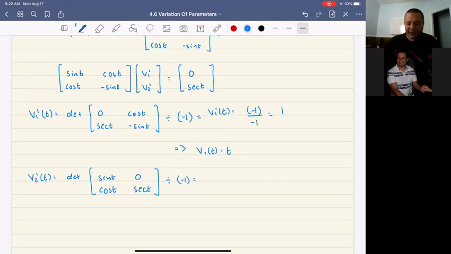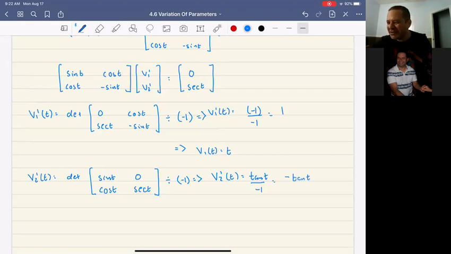So what are we going to get? v2 prime of t equals, now here, sine of t times secant of t. Secant of t is 1 over cosine, right? That's tangent. And divided by negative 1, so we get negative tan of t.